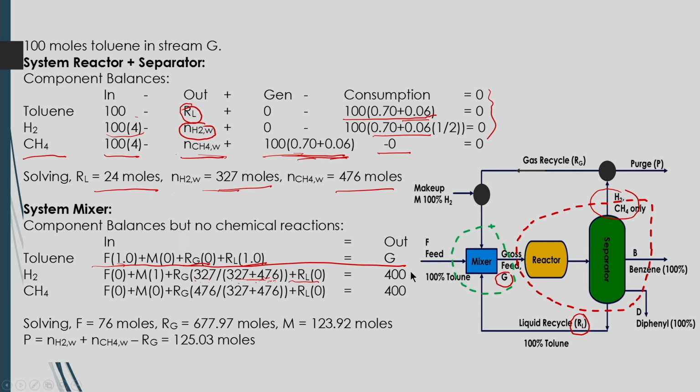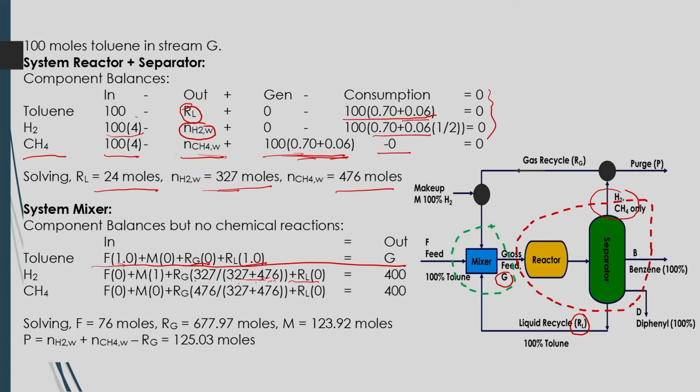Why 400 here? Because the amount of hydrogen coming out from the mixer in the G stream is 400, because 1 mole of toluene will carry along with it 4 times its amount. So, that is why it is 400.